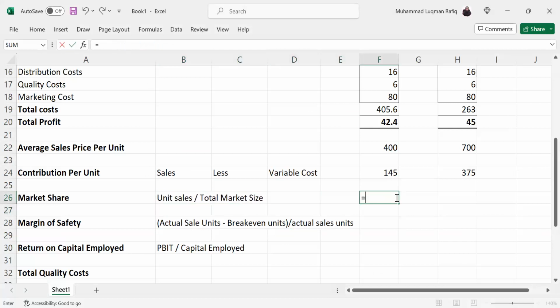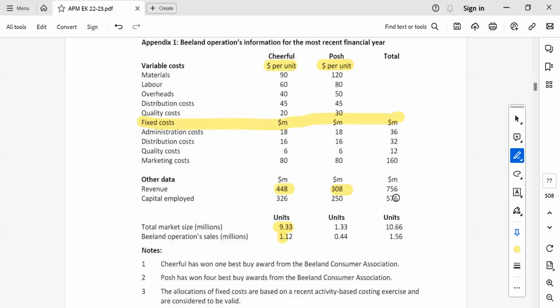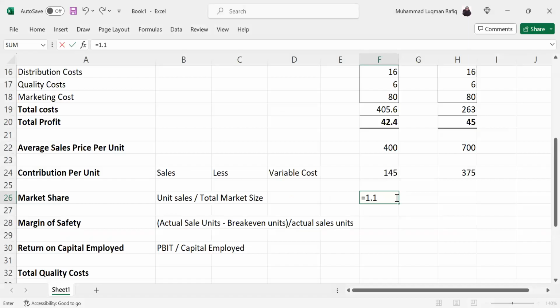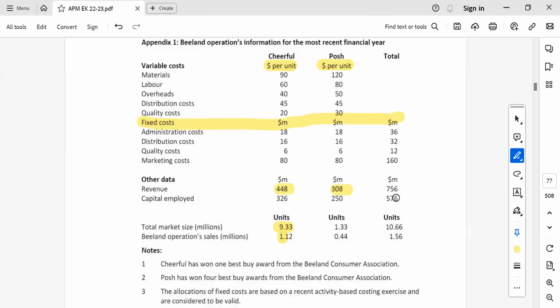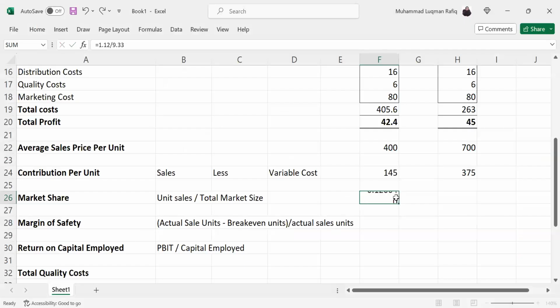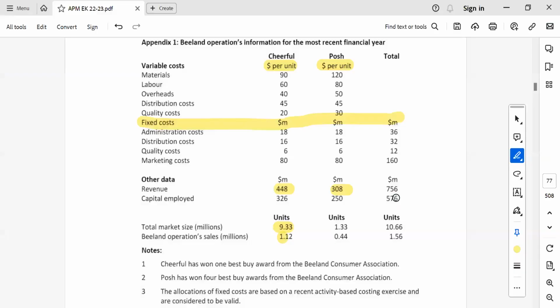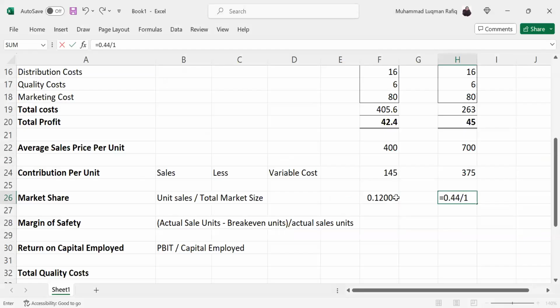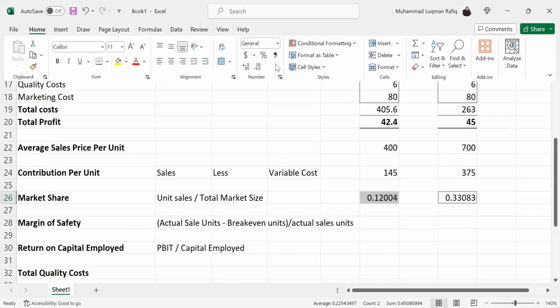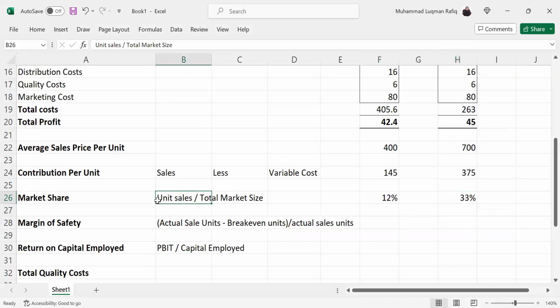It's actually going to be 1.12 divided by 9.33. So this is what you have got. You've got the market share.